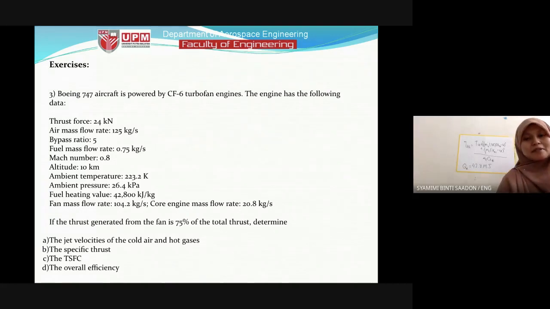TSFC means that in order to produce 1 kilonewton of thrust, we need 0.03125 kilogram per second of fuel. That is the definition. Next, propulsive and thermal efficiency, and then overall efficiency.